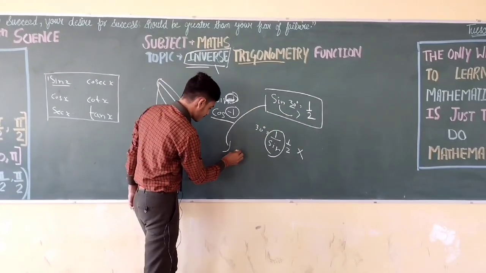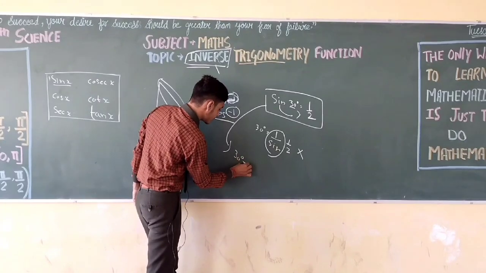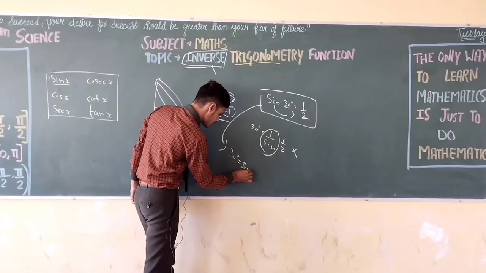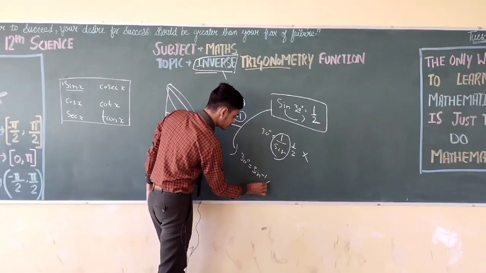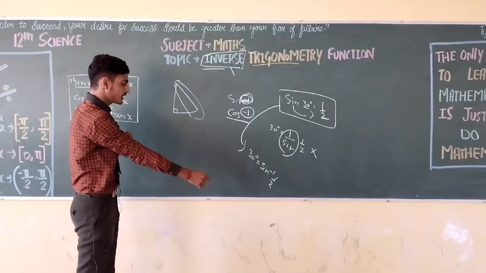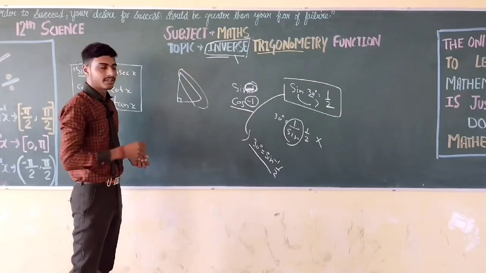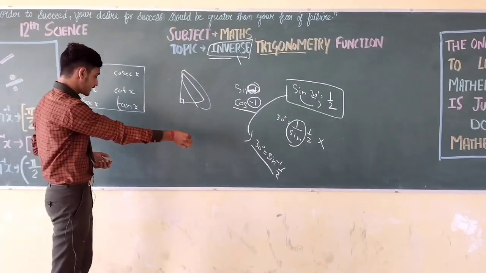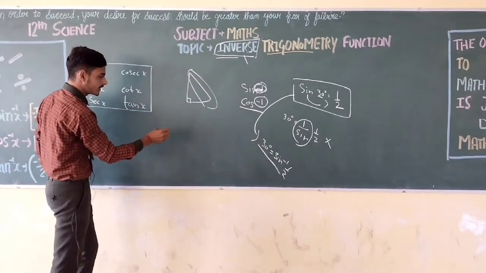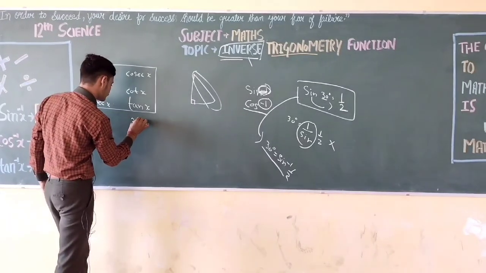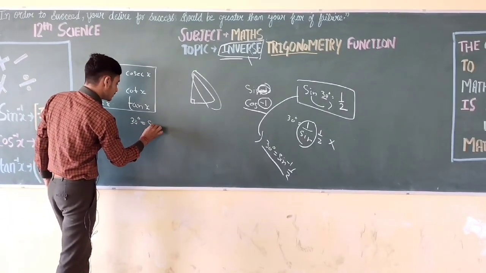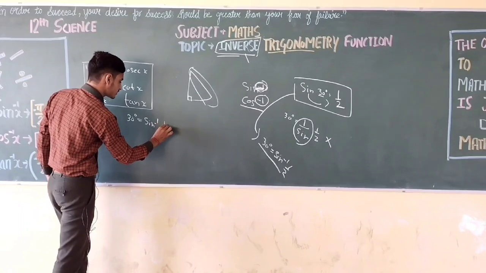Let's see. 30 degree is equal to sine inverse 1 by 2. That is the proper way to find sine inverse 1 by 2. How do we read that? 30 degree is equal to sine inverse 1 by 2.